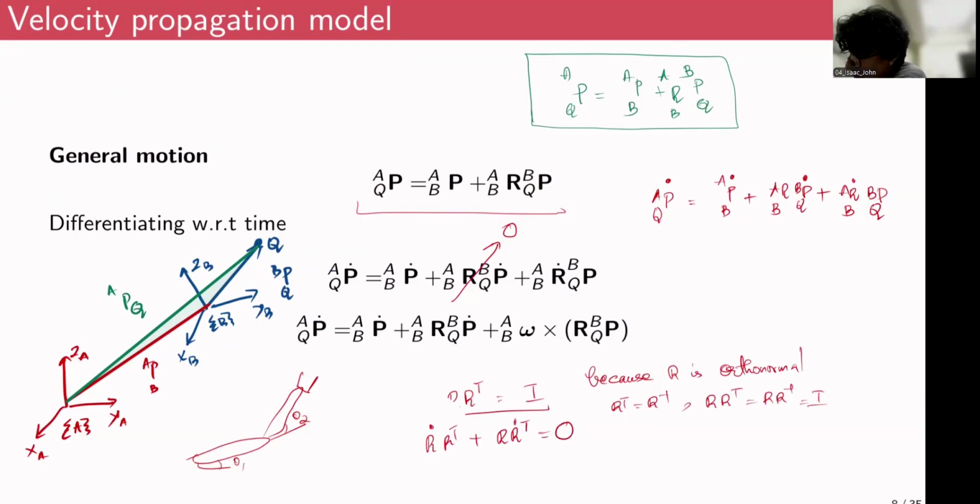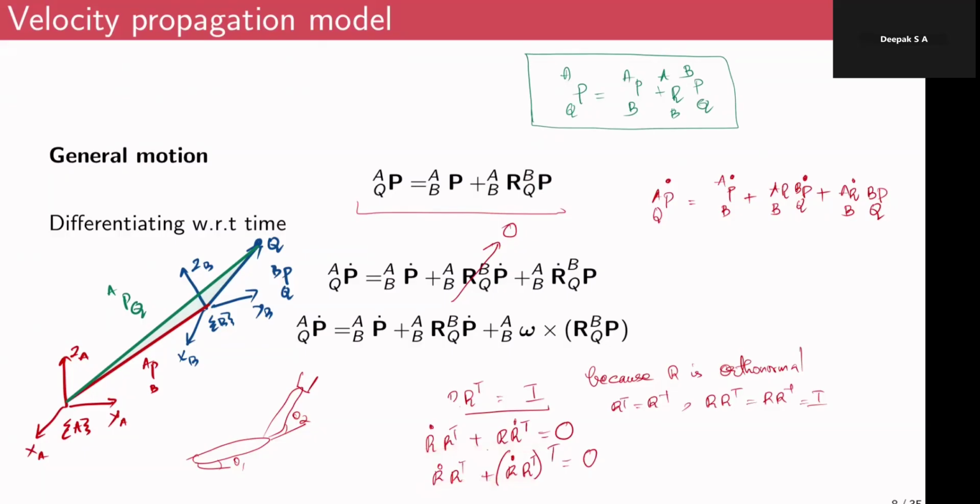This would be 0. So if I bring everything to the other side, maybe I can rewrite this expression like so: R dot R transpose plus R dot R transpose, the whole transpose, is 0, right? Because these two equations are equivalent.